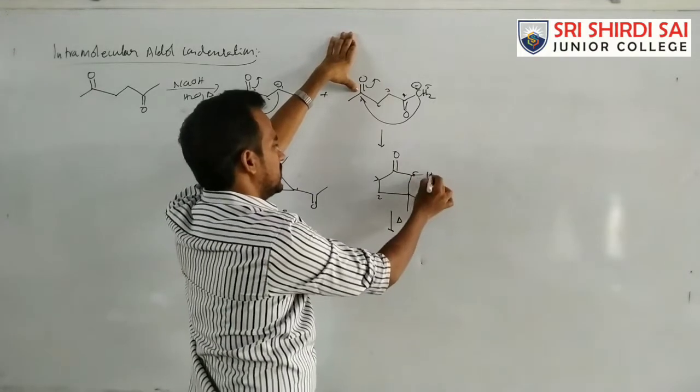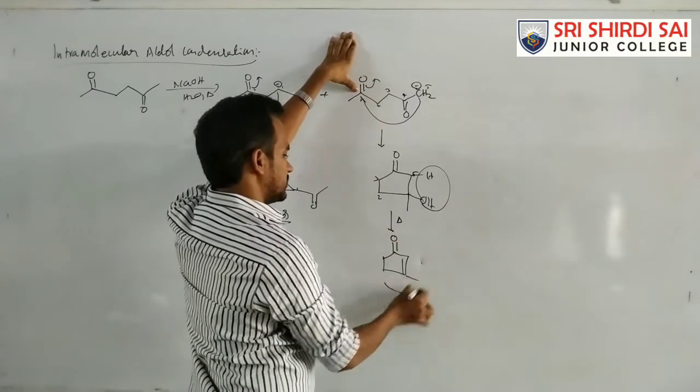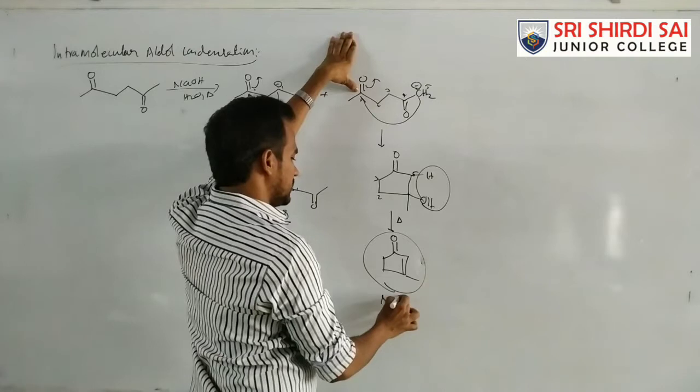On heating, removal of a water molecule takes place, and the product is an alpha beta unsaturated compound. It is a 5-membered ring, so it is the major product.